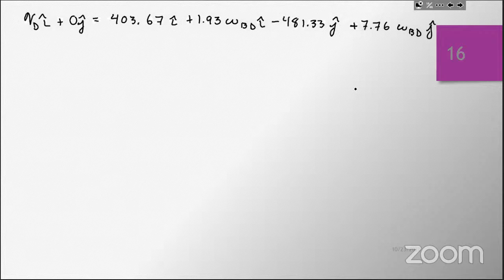And we can break this down into I and J components, because now we can get two equations with two unknowns. And if we do that, what will we get?